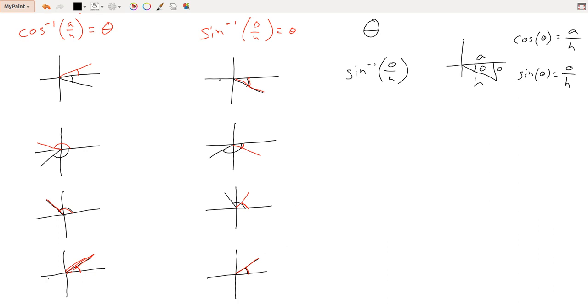And then if we use the inverse cosine function and it gives a value in the second quadrant, and the inverse sine function gives a value in the fourth quadrant, then we know our actual angle is in the third quadrant. So for this case, we know that theta is equal to 180 minus the value returned by inverse sine theta.